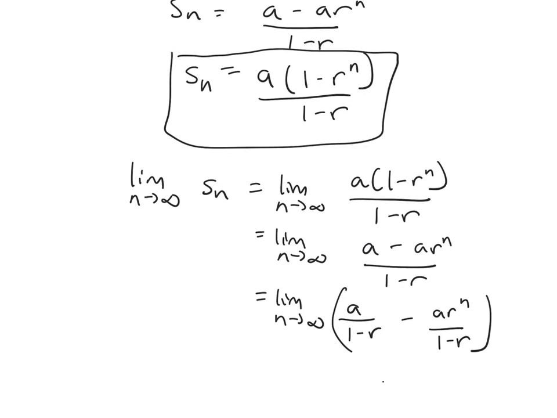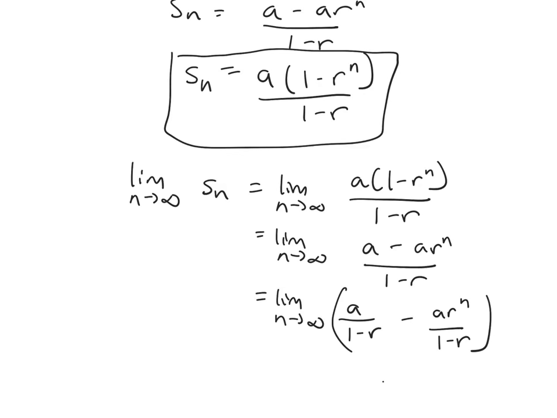If you're looking at this first fraction, there's no n in that expression at all. Do we all agree? A and r represent fixed numbers. A represents the first term in my sequence. R represents the ratio, the number I multiply by to get my next term.